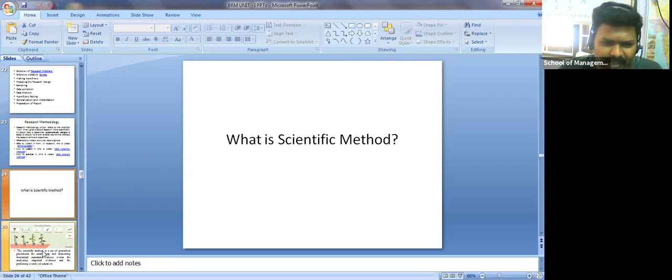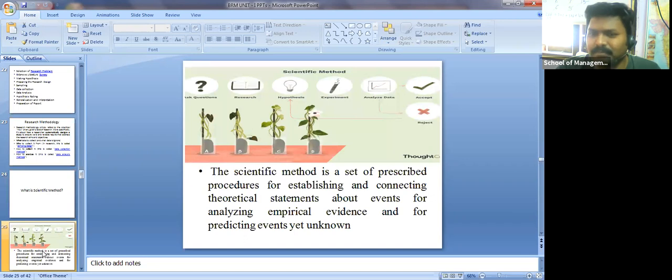Now let me give an example. Before talking about the scientific method, I'm showing you here the 4 important plants: A, B, C, D. Maybe in your childhood, or even in my school, my science teacher told me to plant one seed, take 3 pots, and put a seed in the pots A, B, C. In one pot, don't give anything, meaning don't pour water or provide sunlight. In the second, pour water but don't provide sunlight.